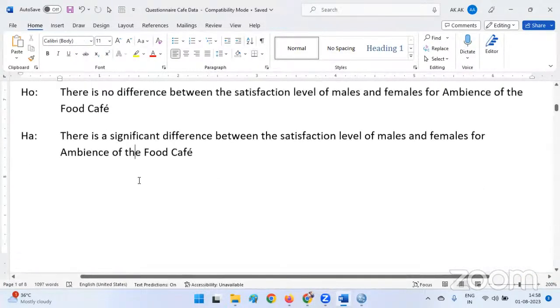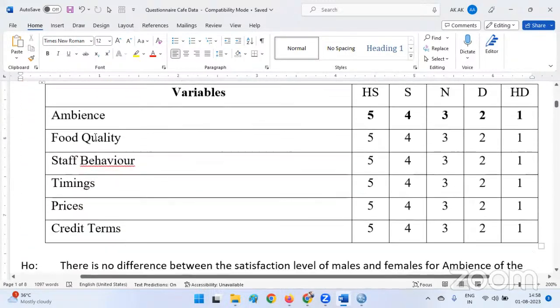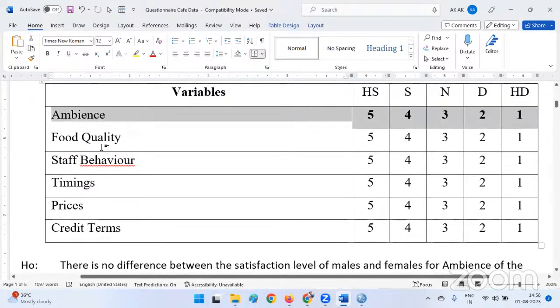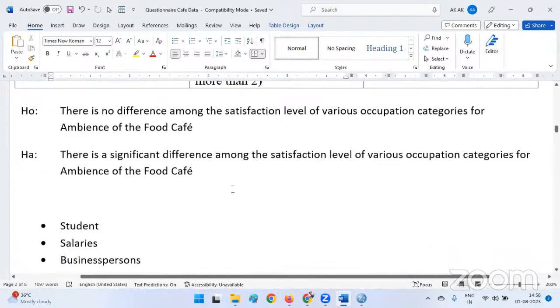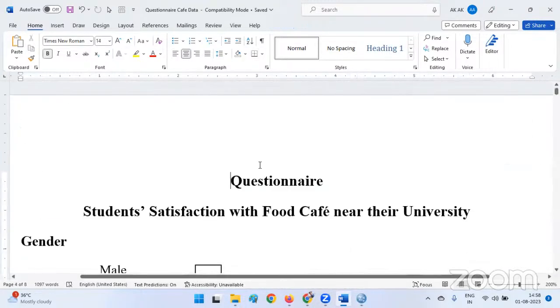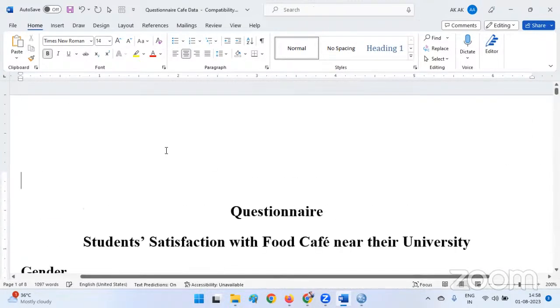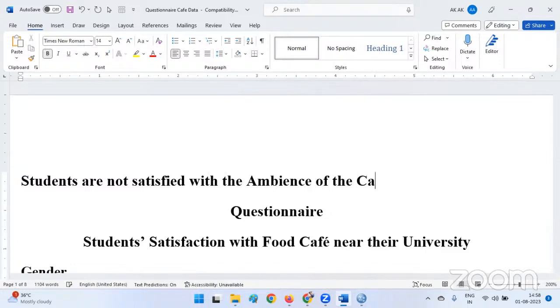Suppose I'm only checking ambience as a one sample, or food quality as a one sample. I would make the hypothesis: students are not satisfied with the ambience of the canteen or cafe.